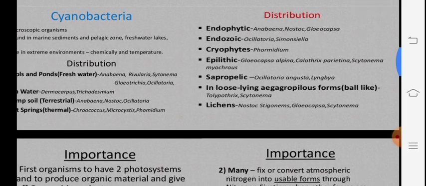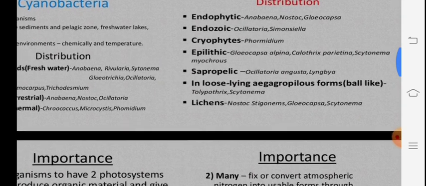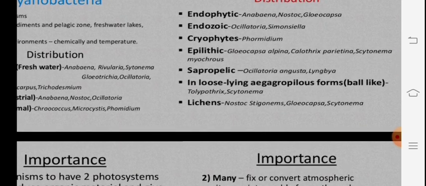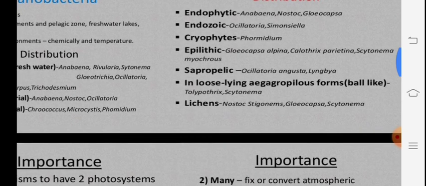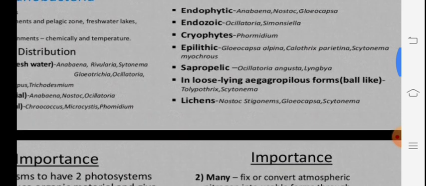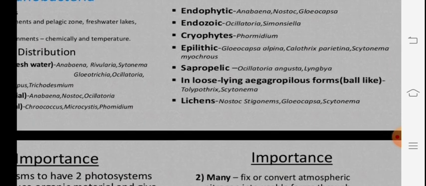Then endophytic: Anabaena, Nostoc, Gloeocapsa. Endozoic, inside the animal stomach: Oscillatoria, Simonsiella. Then cryptophytes, Phormidium. Crypto means inside the rock. Then epilithic, on the rock: Gloeocapsa, Calothrix or Scytonema.